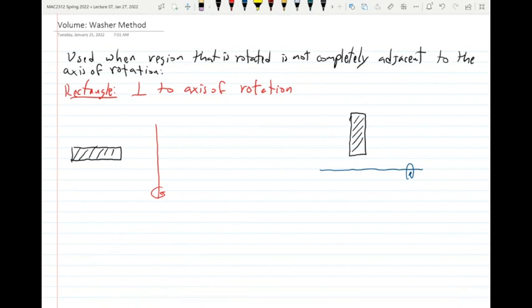Okay, here we go again. So let me just do it the usual way. So we have a rectangle. When you rotate this, you're gonna produce a copy over here.